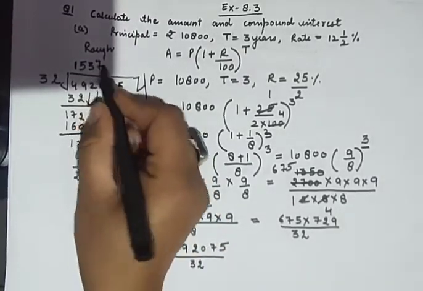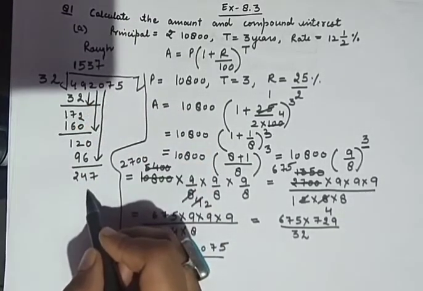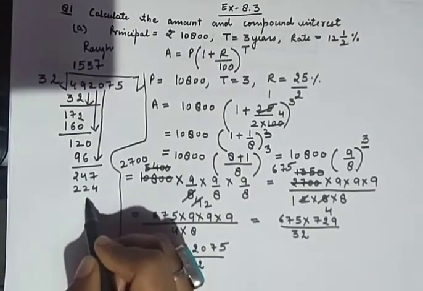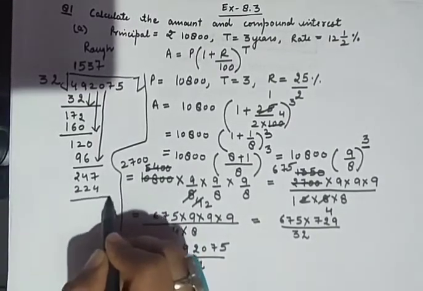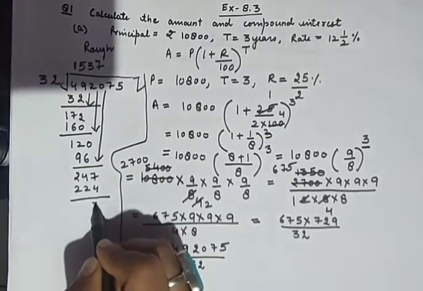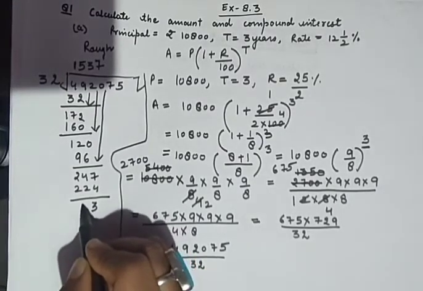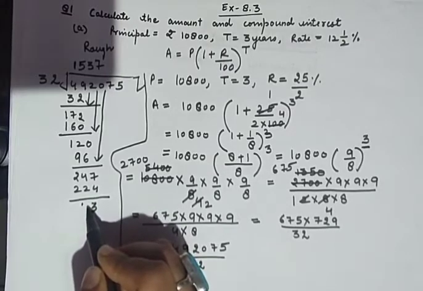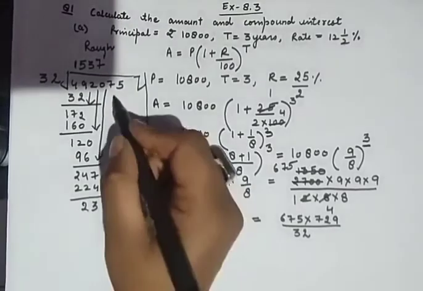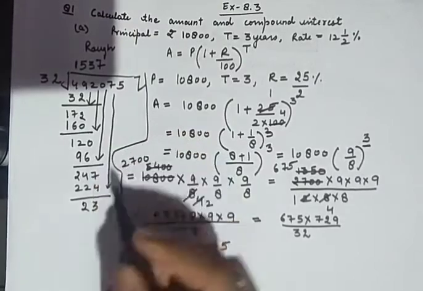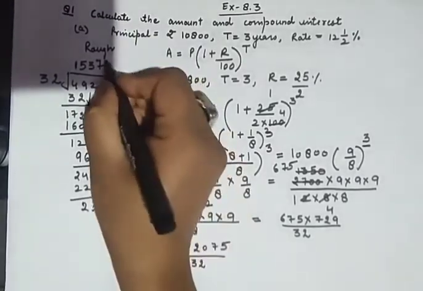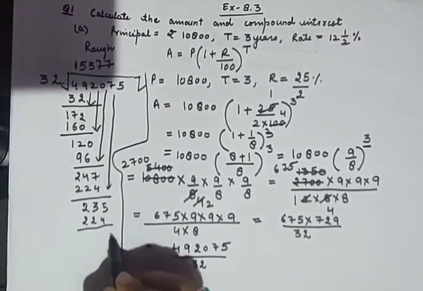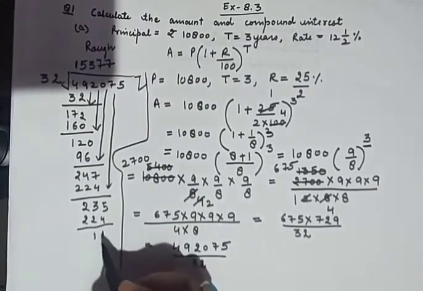Again this 7 is here, so 224, and my remainder that is coming is 11 here.